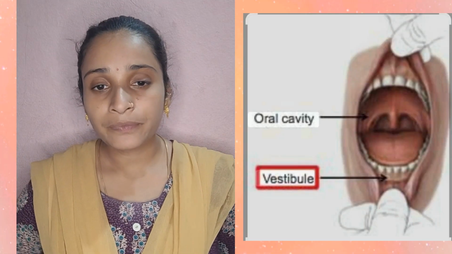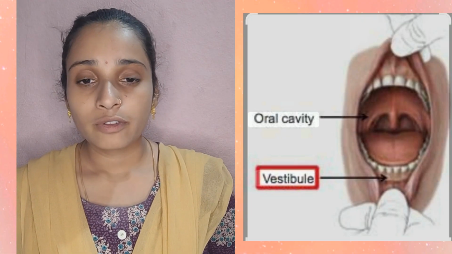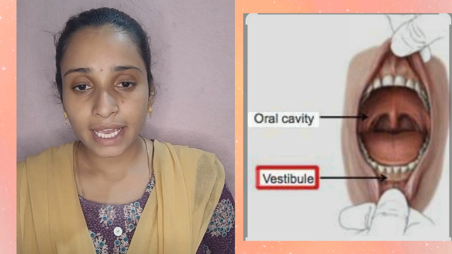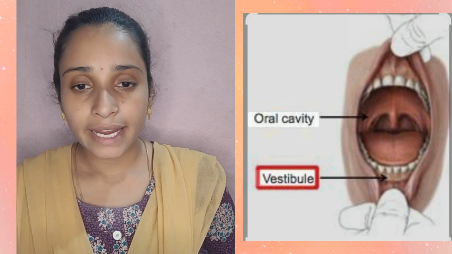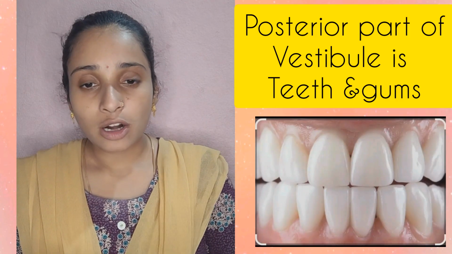First is the vestibule and second is the oral cavity. The vestibule looks like a horseshoe. The anterior part of the vestibule is known as the lips and cheeks, and the posterior part of the vestibule is known as the teeth and gums.